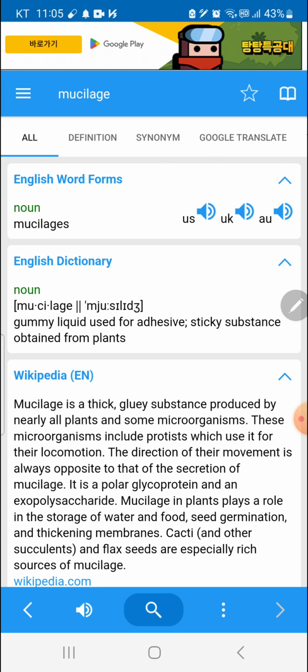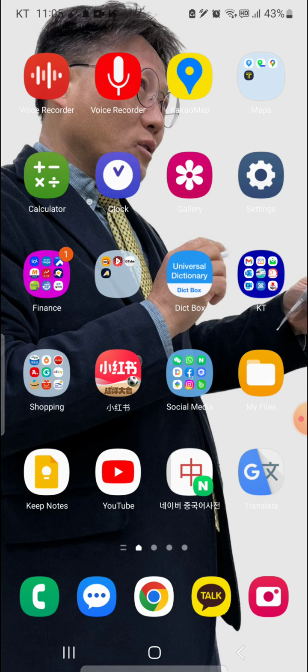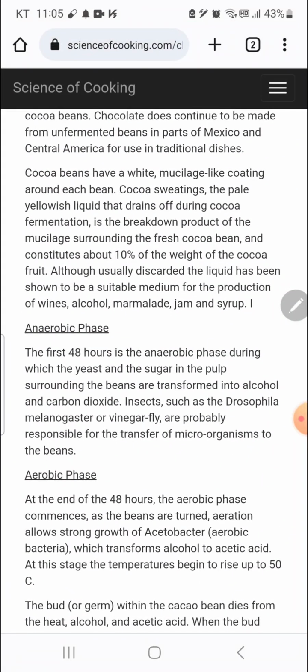Sticky substance obtained from plants. Mucilage. Got it. In Korean, it's tumul.